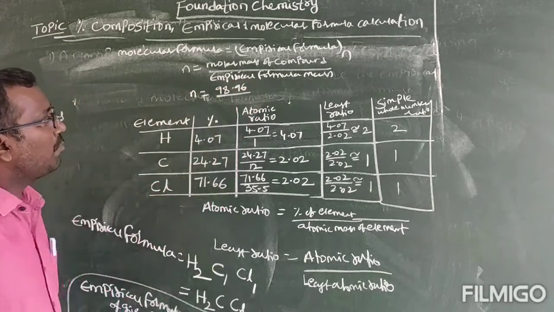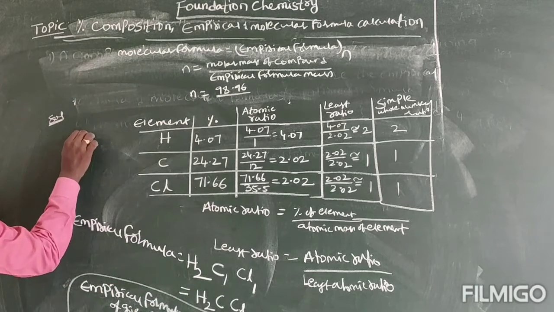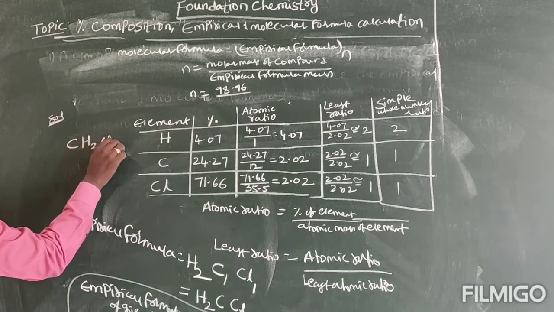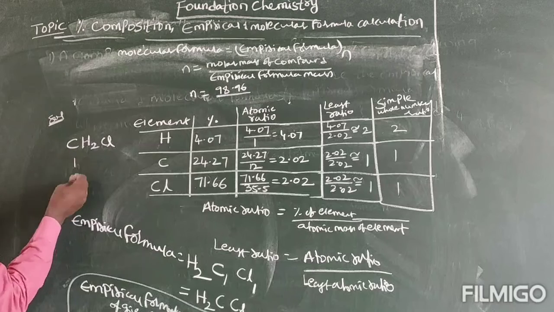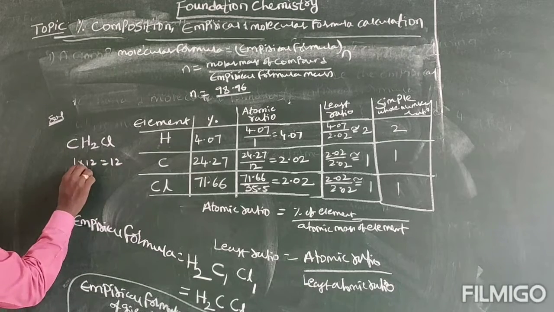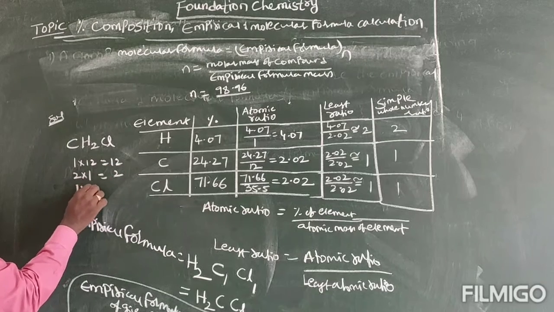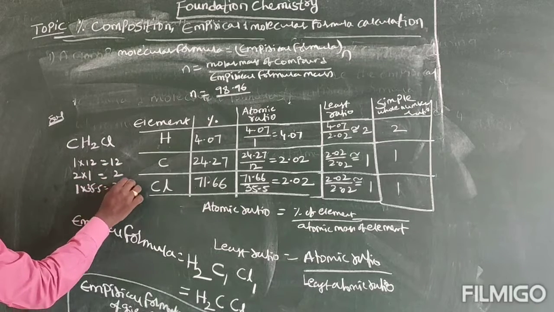98.96 by molecular formula is how mass, how much? Here I am using CH to Cl. Means carbons are how many? 1. So 1 into 12, 12. Hydrogens how many? 2. So 2 into 1, 2. Chlorine how many? 1 into 35.5. It is 35.5.